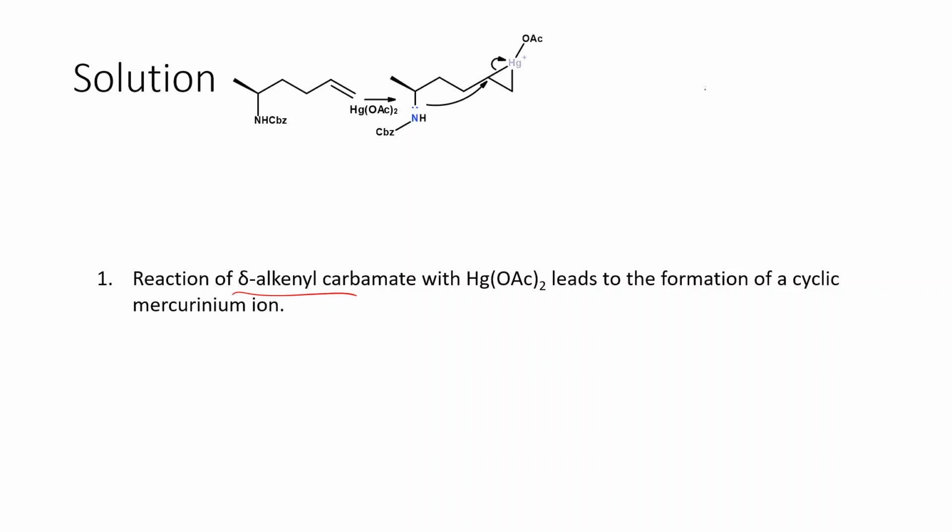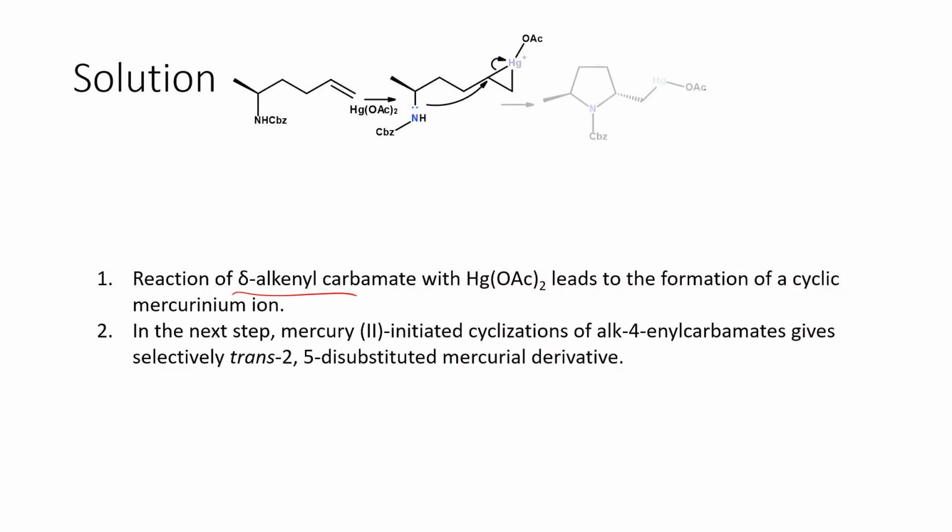But in this particular case, the opening of the cyclic mercurinium ion takes place intramolecularly. This is the crucial thing which is a little bit different from the rest of the reactions we have seen. So the opening up of the mercurinium ion by the alkenyl carbamate actually gives a cyclized one.